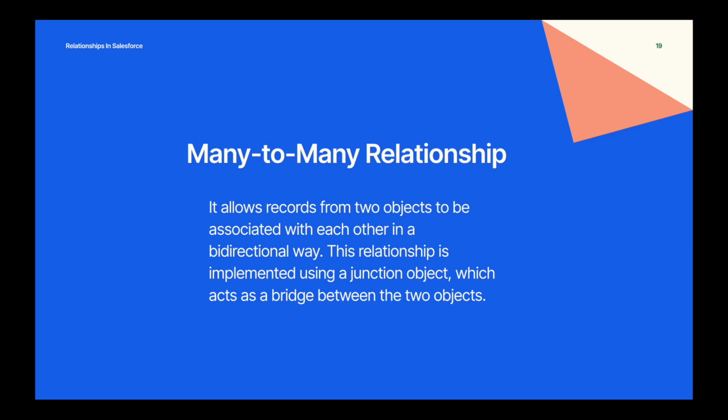This relationship is implemented using a junction object which acts as a bridge between the two objects. The previous two relationships we can create directly between objects, but to create a many to many relationship we have to create a middleman or mediator object, called a junction object, which will maintain the relationship between object number 1 and object number 2.